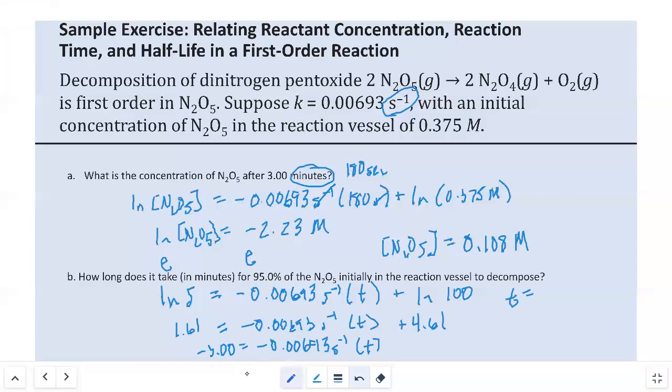So divide by negative 0.00693, and we get 433 seconds. If I divide that by 60 seconds per minute, that would be 7.22 minutes.